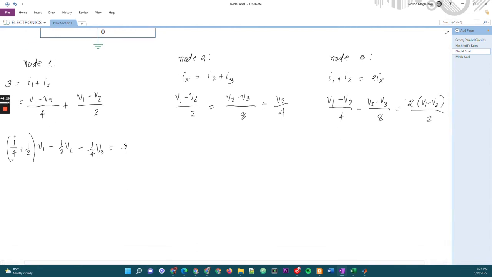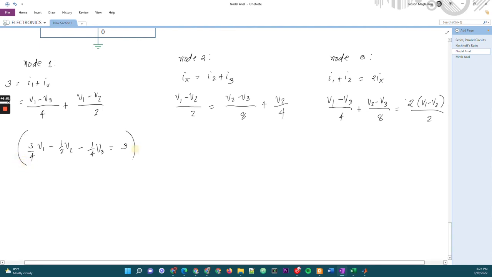Simplify mo na siya, no? Okay, so this is 3/4. So, we have 3/4 V1 minus 1/2 V2 minus 1/4 V3.